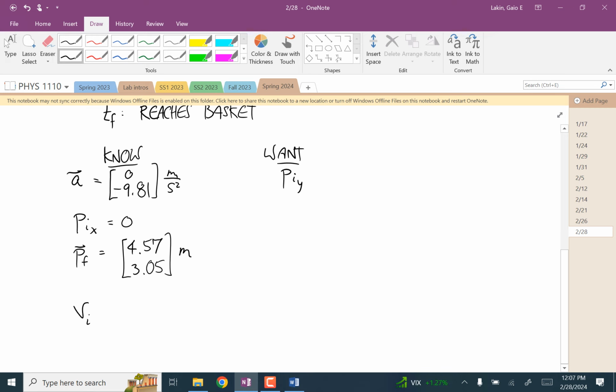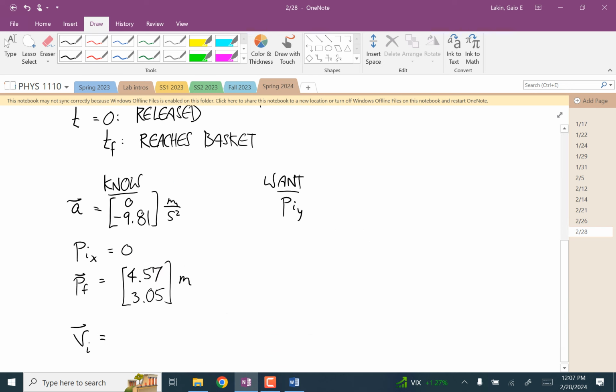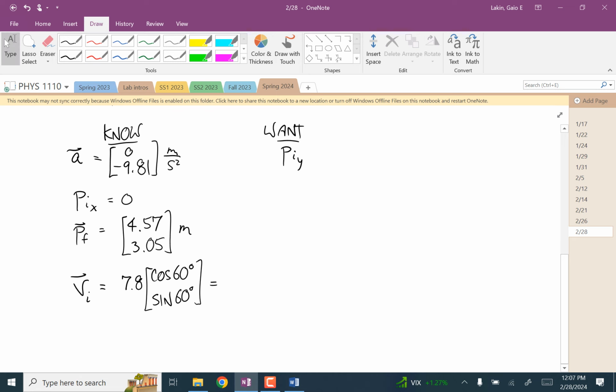Initial velocity is 7.8 times cosine and sine of 60. So I know that the x component is going to be 3.9, and the y component is 6.76.